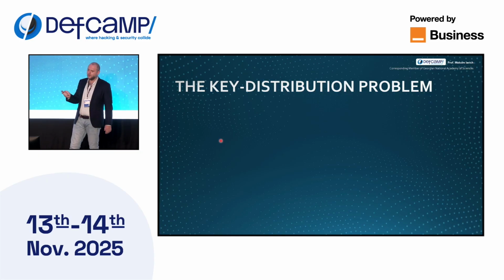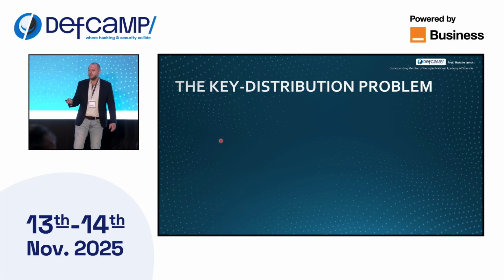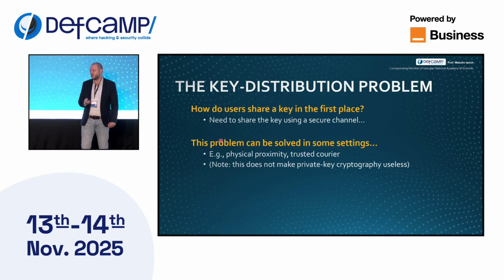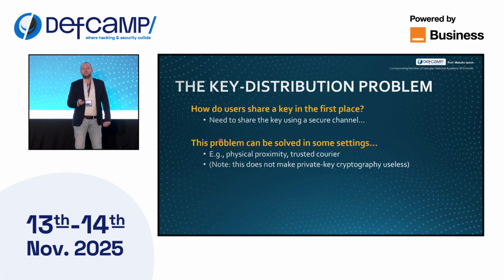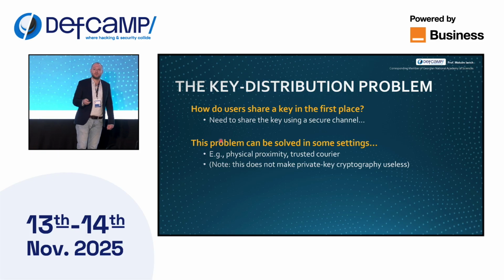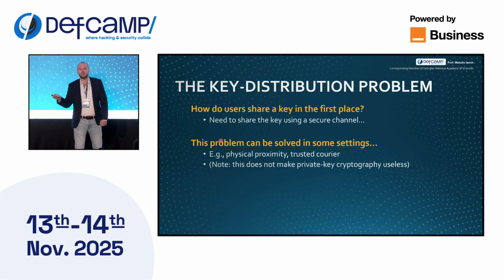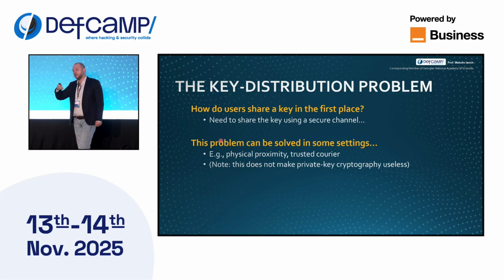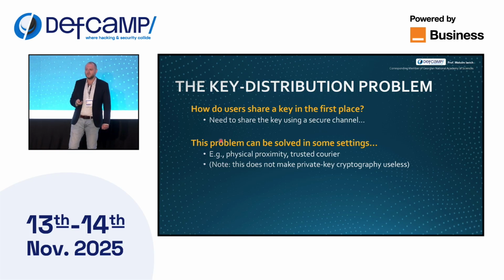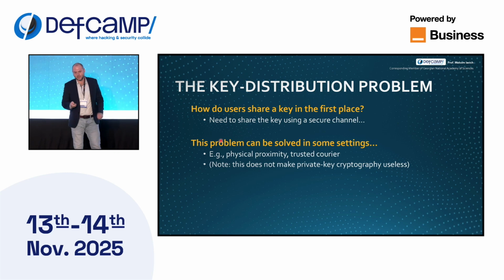Okay, we said that Alice and Bob somehow distribute the key. Using symmetric cryptography, it is almost impossible to distribute the key. You must have physical proximity, so there must be a trusted courier who will take your key and pass it to another party, or you must go from one country to another to pass the key.